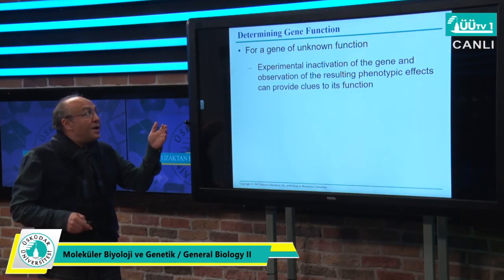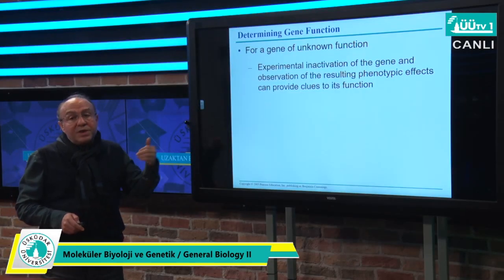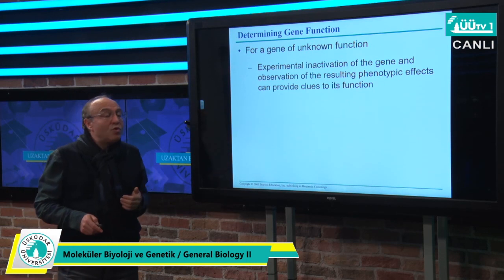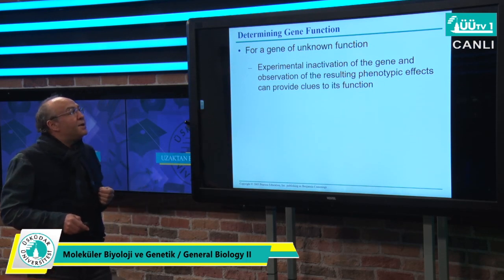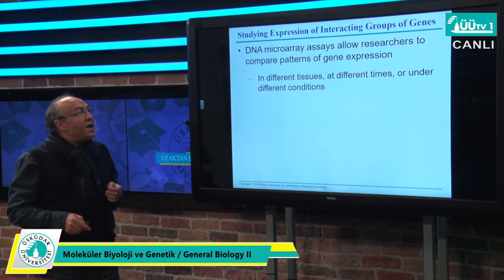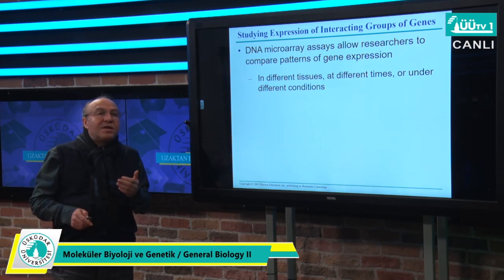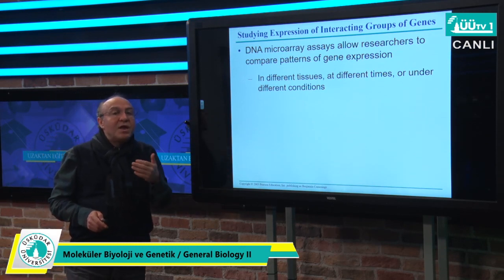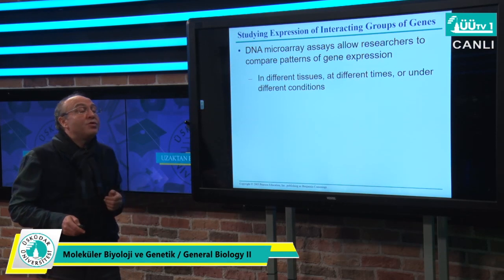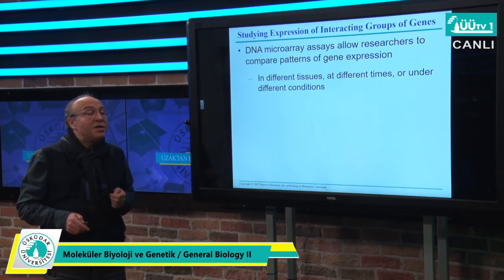Determining gene function is another important thing. We have to know which genes produce which kind of response in cell stimulation, and this is really one of the important things.